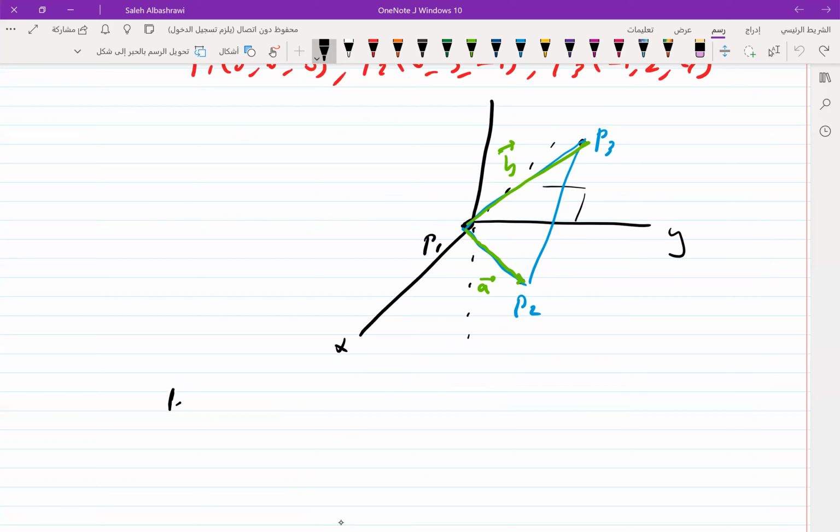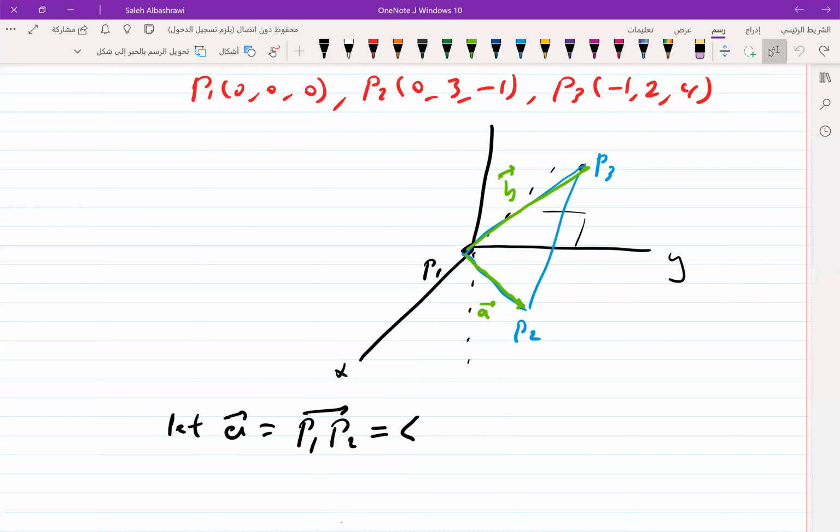So let vector A equal the vector B1 B2. We said that if we have the initial point and terminal point, the vector will be the coordinates of the terminal point minus the coordinates of the initial point.